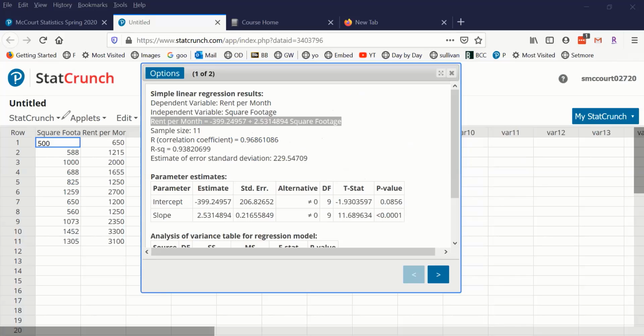So this is my X, this is my Y. My square footage of 500 had a rent of $650. So all of these Ys are my observed Ys because they really happened. My line with plugging in Xs gives me the predictors.